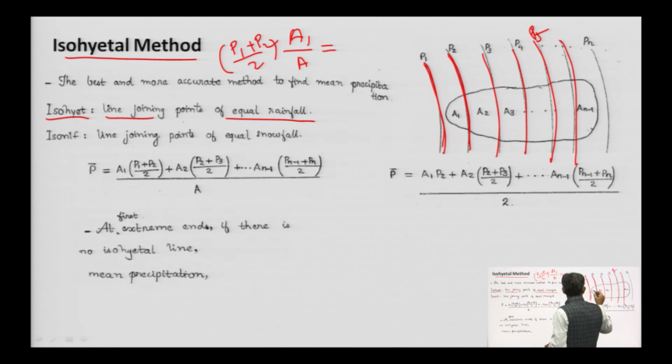The covered area between the isohyet lines P1 and P2, say this one is A1. Between P2 and P3, suppose area is A2, P3 and P4 is A3. Similarly, between P4 and P5, suppose this is A4 and so on. So, the mean precipitation will be calculated through this equation.